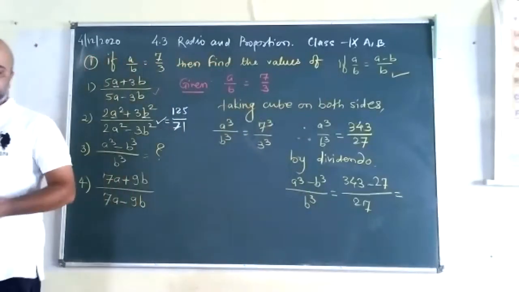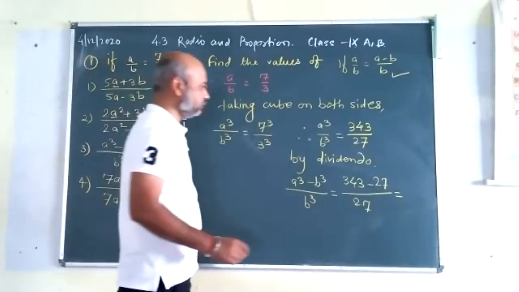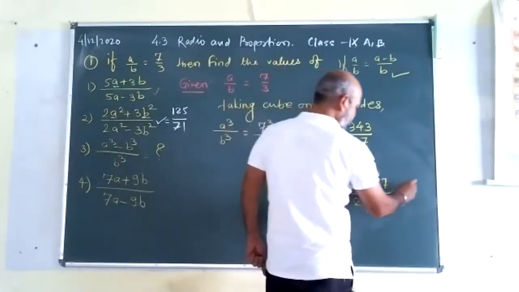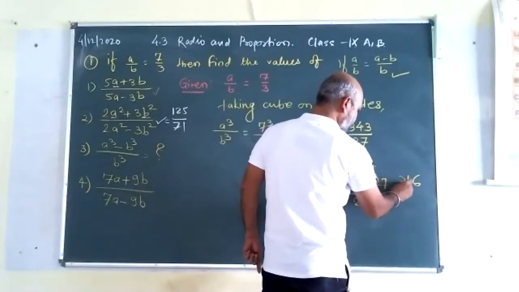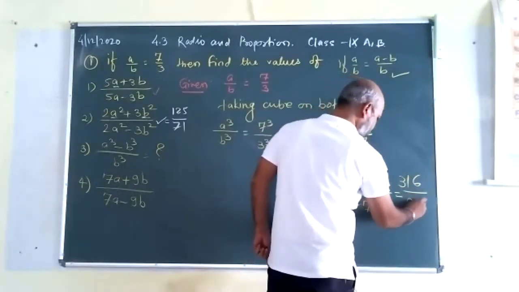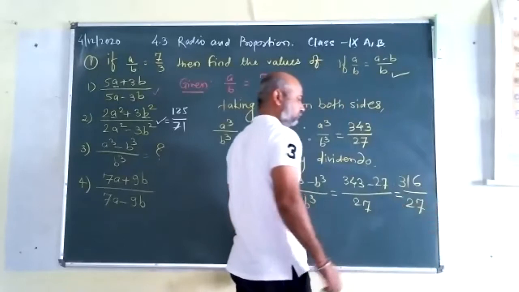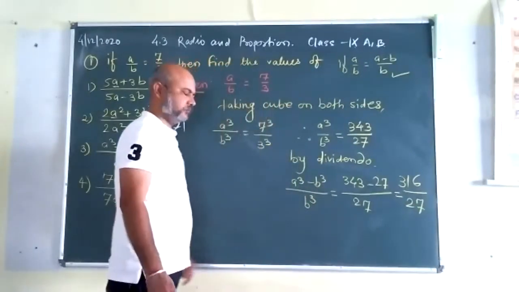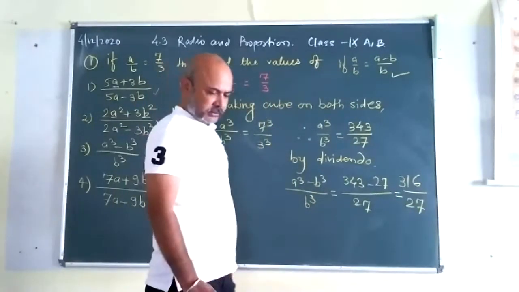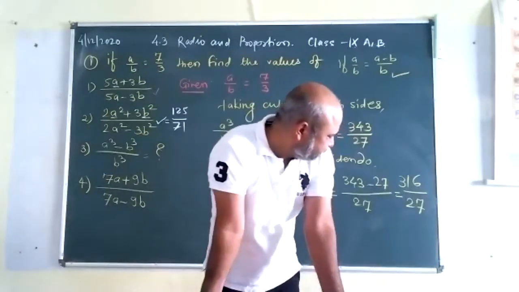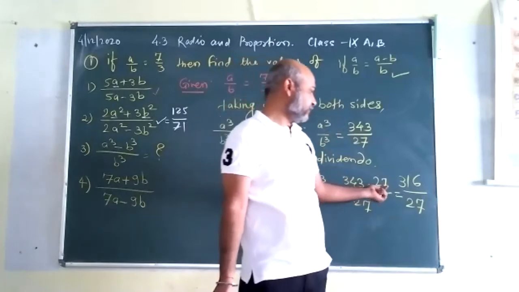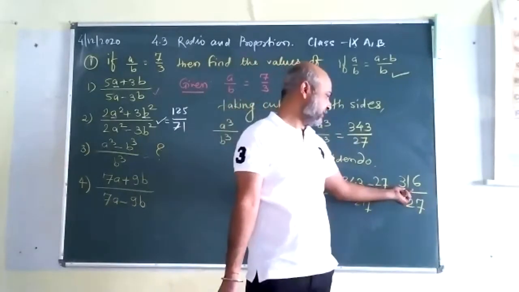What will you get after subtraction? 343 minus 27 is 316.